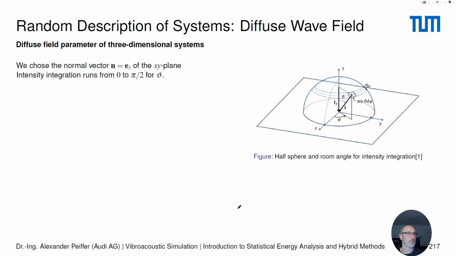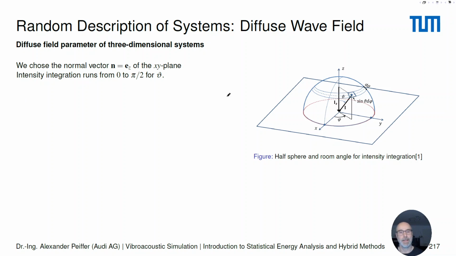Okay, now let's come to the last case, three-dimensional systems. You might expect that again we have another relationship for intensity and cross correlation in this context. Now we choose the normal vector in z direction, to consider the orientation of the boundary plane.